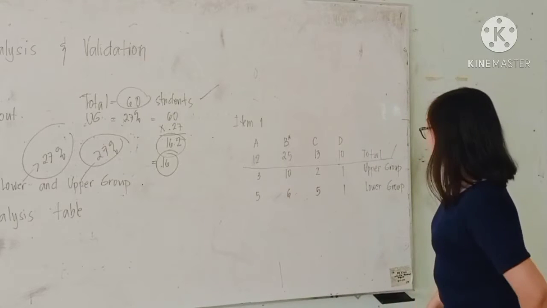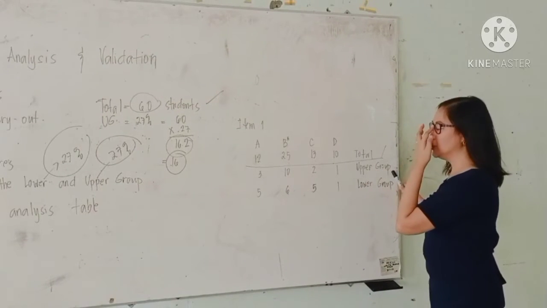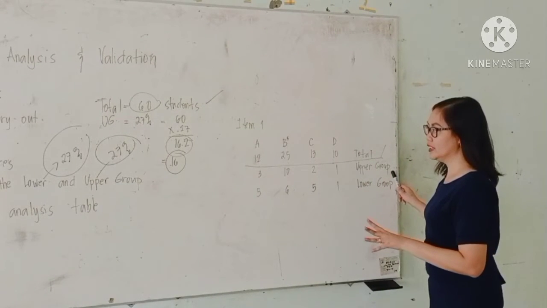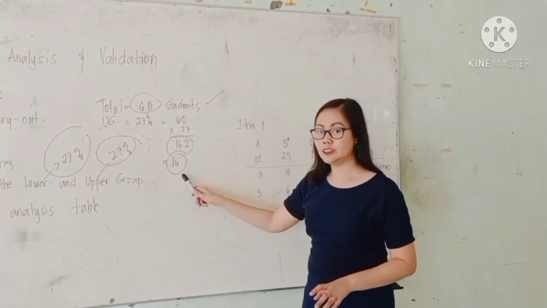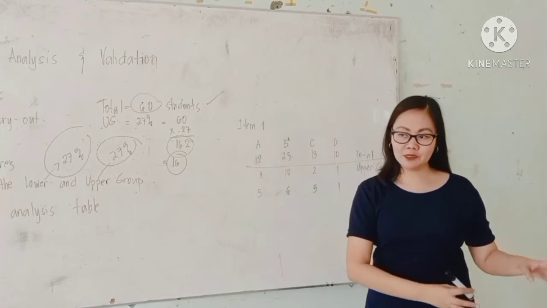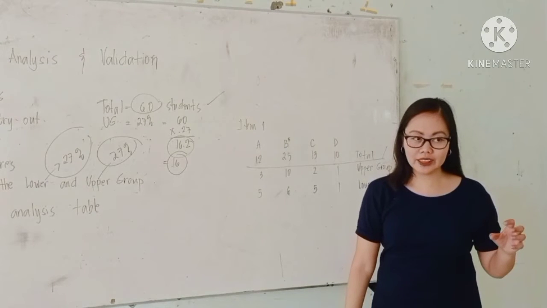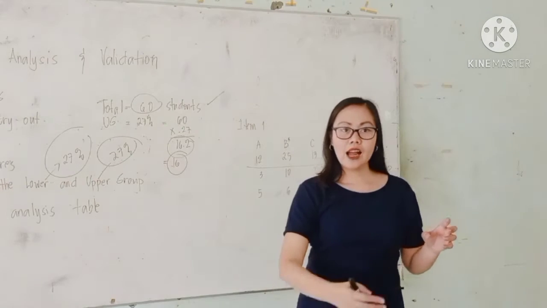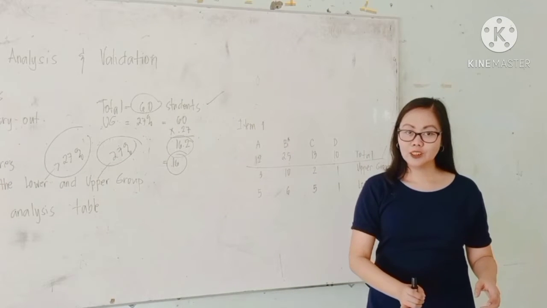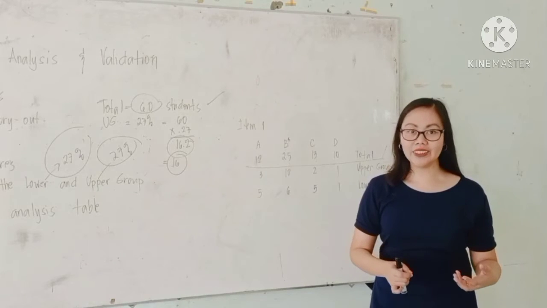Okay? While in the upper group, we have computed the upper group earlier. We said that in 16.2, we had the whole number, that's 16. So doon sa sineparate mo, mula dun sa highest hanggang sa nakarank number 16, titignan mo isa-isa yung sinagot nila sa item 1.